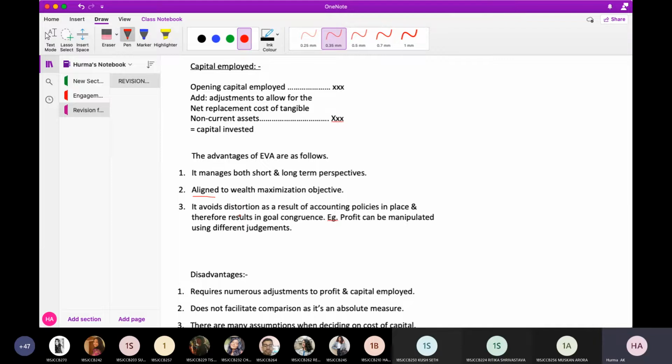And one important benefit because of that is that it results in goal congruence. Otherwise, if you use accounting standards and principles, you have a lot of loopholes in the standards. We're aware of some of the loopholes, and the profits can be easily manipulated. But EVA just does not consider that. It's purely based on the real cash flows.